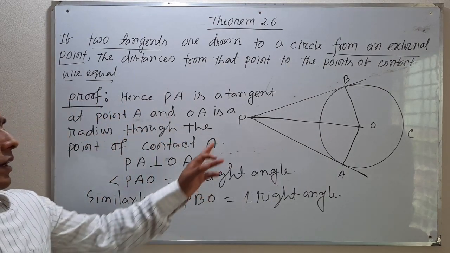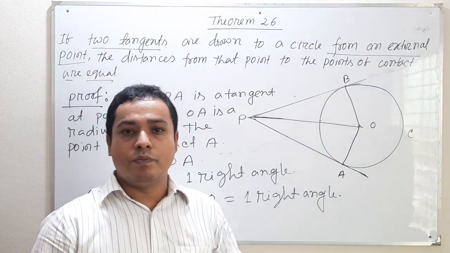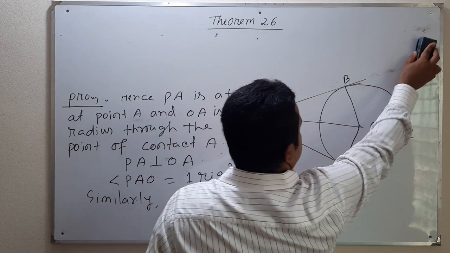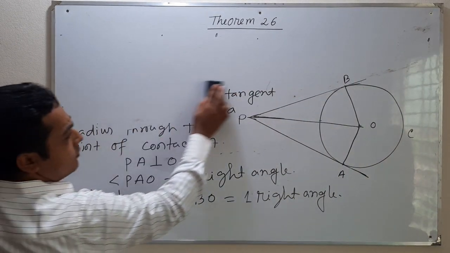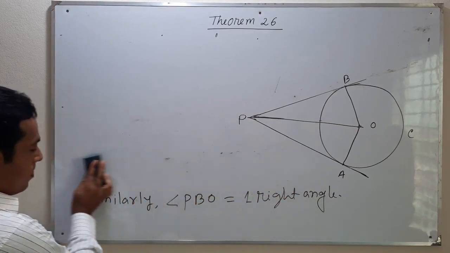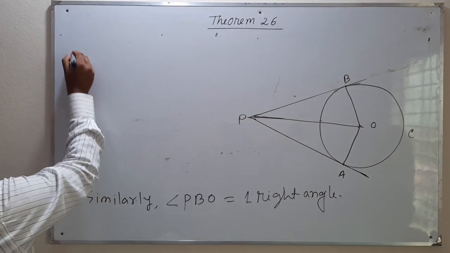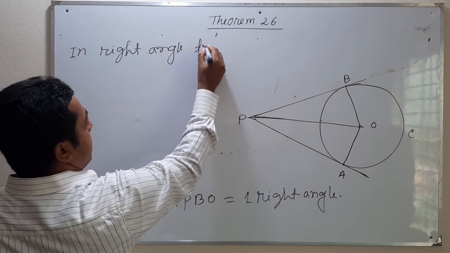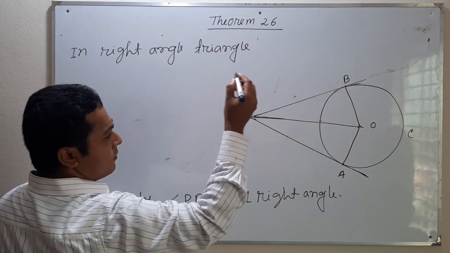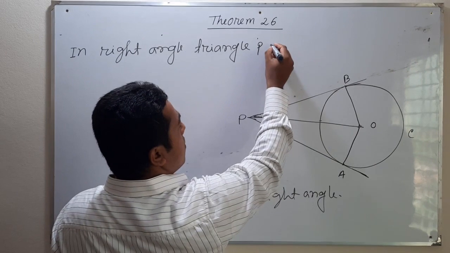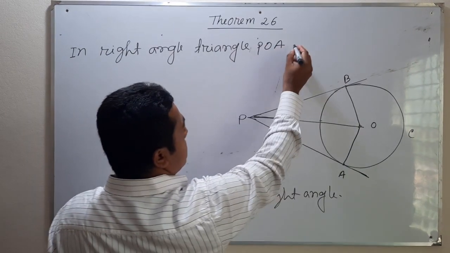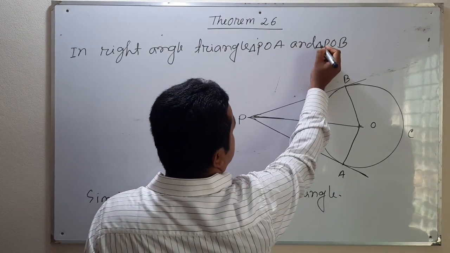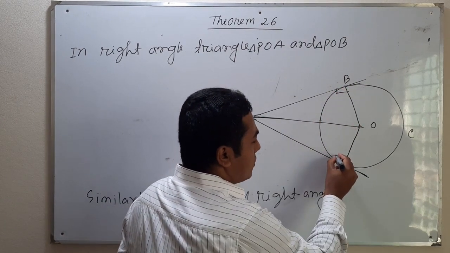So the triangles POA and POB both are right angle triangles, because this angle and also this angle are 90 degrees.